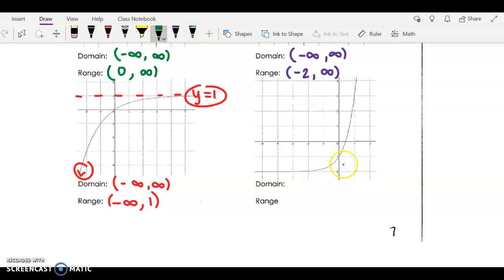My last example, the domain, again, negative infinity to positive infinity, and then the bottom of this graph is at y equals negative 2, and then the top of this graph goes up to positive infinity.